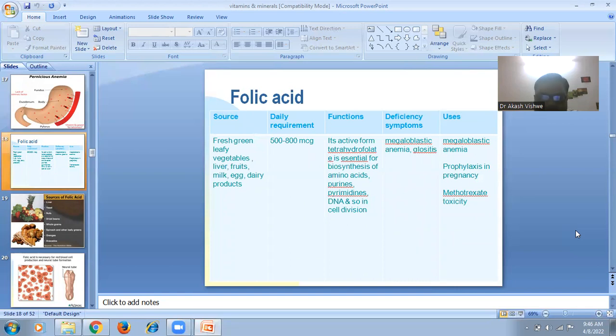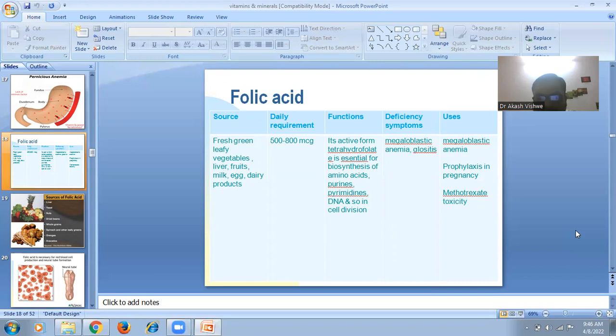Functions of folic acid: it is active as tetrahydrofolate, and it is essential for the biosynthesis of amino acids, purines, pyrimidines, and the synthesis of DNA. So it is highly important for cell division also.